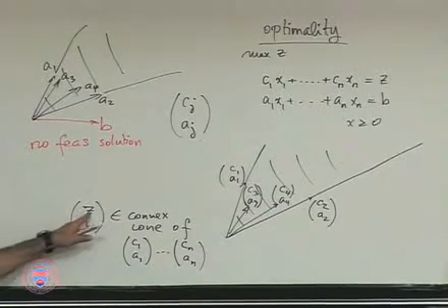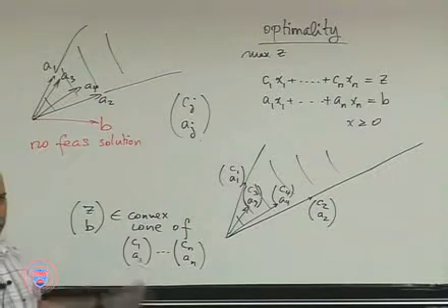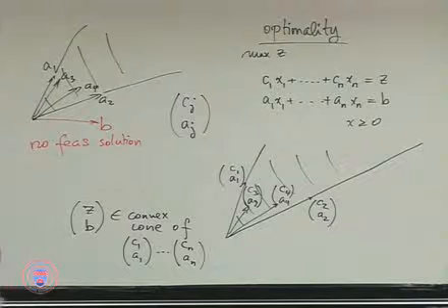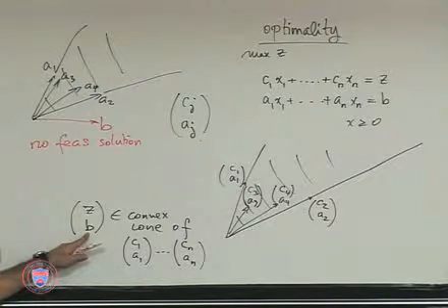So for fixed Z, you want Z and B as a vector to be in this convex cone generated by these vectors. But meanwhile, you also want to maximize Z. Now, B is, by assumption, a single-dimensional vector.